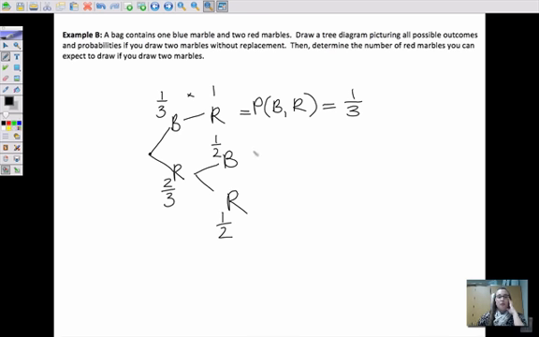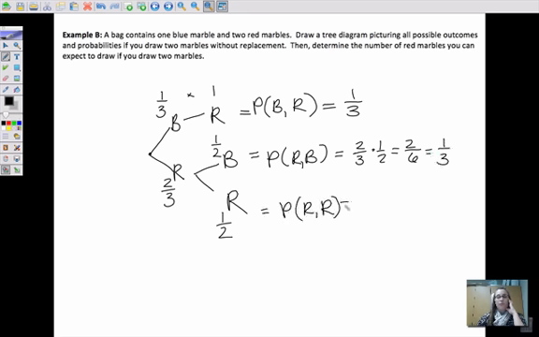So the probability of getting a red and then a blue is 2/3 times 1/2, which is 2/6, or 1/3. And the probability of getting a red and then a red would be the same, so 1/3. And it's good because they all add up to 1.